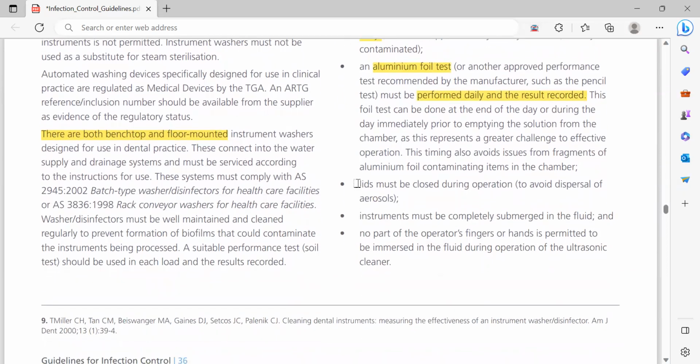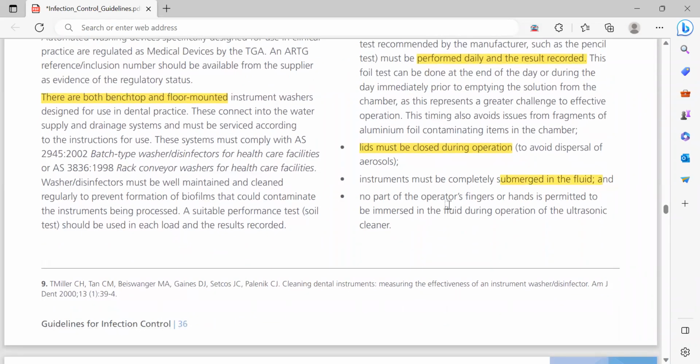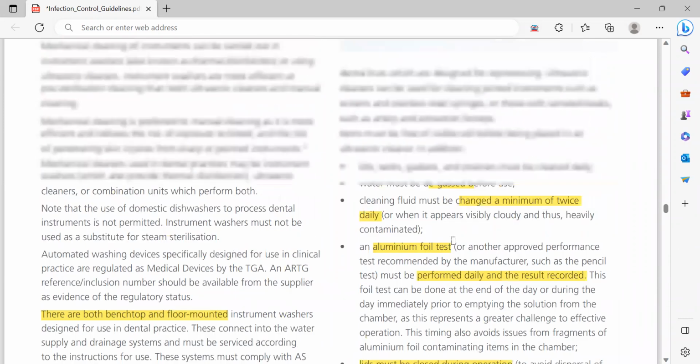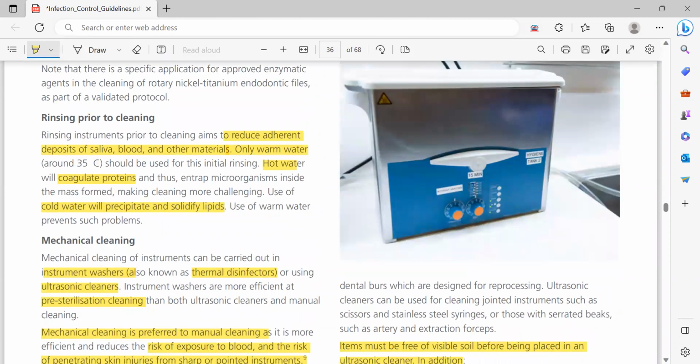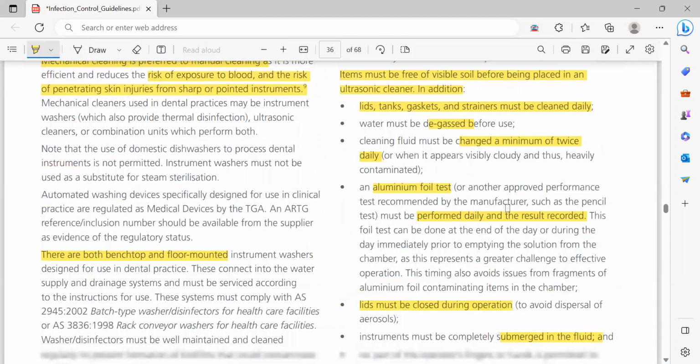The lids must be closed during operation, and instruments must be completely submerged in the fluid, and no parts of the operator's fingers or hands are permitted to be immersed in the fluid during the operation. So you should not open the lid of the ultrasonic when the process is going on.